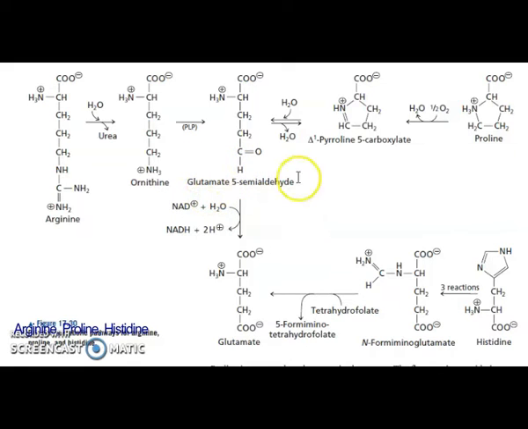Glutamate 5-semialdehyde is converted to glutamate by the action of a dehydrogenase using NAD+ and H2O and releasing NADH and H+. Note that the conversion of pyrroline 5-carboxylate to glutamate 5-semialdehyde is spontaneous, as in the proline synthesis pathway.